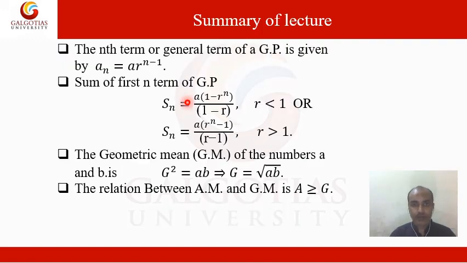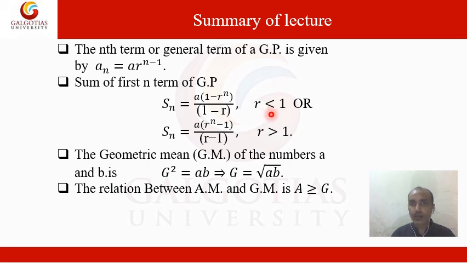Summary of today's lecture. In today's lecture, we have learned about the nth term of a GP, which is denoted by a_n and equal to a·r^(n-1). And then the sum of the first n terms of a GP when the common ratio is less than 1 and greater than 1.